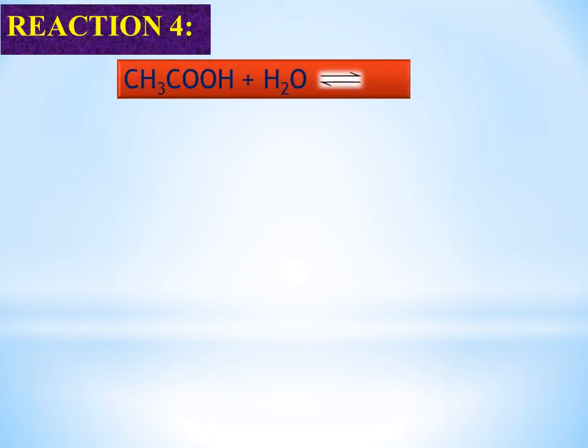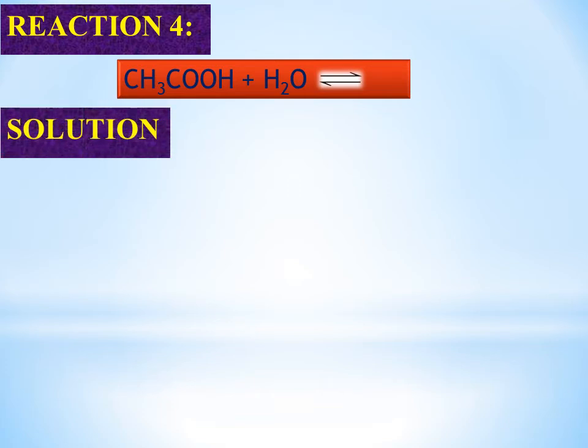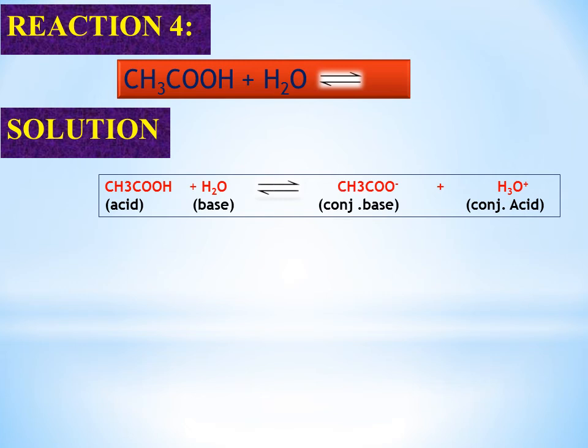Okay, so now look at reaction number 4. This is the reaction of acetic acid and water. So what will be their solution? Look at this reaction. Now acetic acid is reacting as an acid and water will act as a base, because this oxygen is more electronegative than carbon, so the negative charge will be on the water, and because of that water will react as a base.